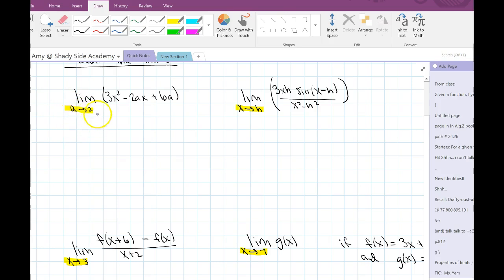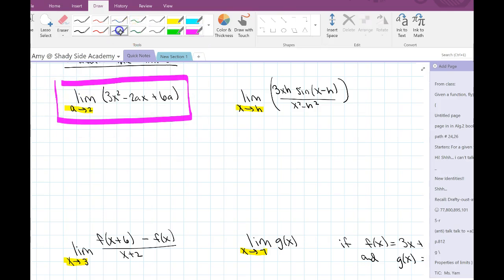So if we use the rules that we have used with limits thus far, we are going to check and see if we can evaluate this limit by plugging in 2 for A, and the limit here is 3x squared minus 4x plus 12.